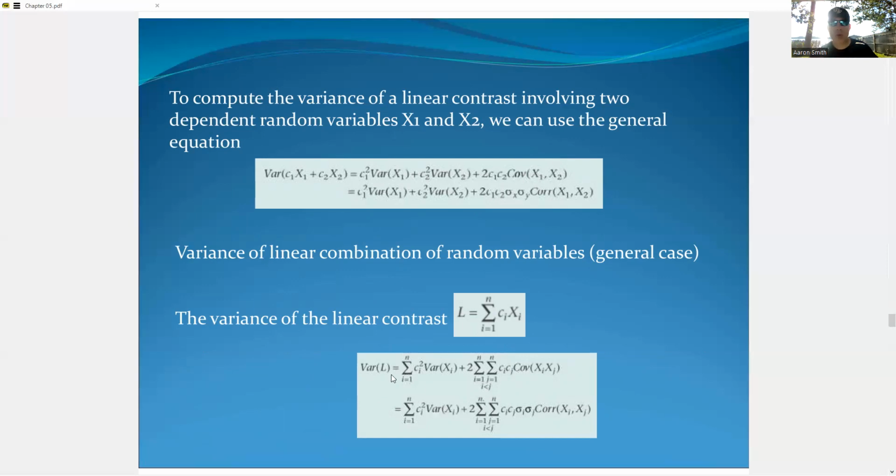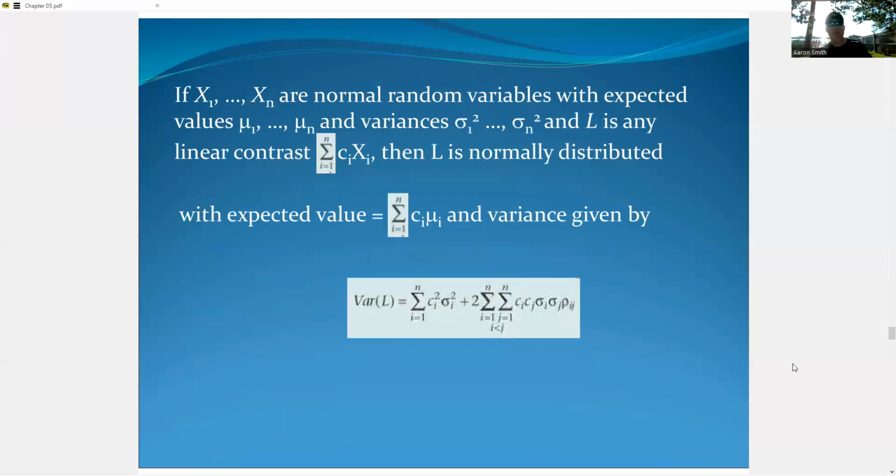And so here is a more general presentation of the variance of a linear combination. And you can see that it's got a lot of summations going on in there. If the X's are all normal random variables with expected values of the mu's and variances of sigma squared, and L is any linear contrast, any linear combination, then L is normally distributed with expected value of the linear combination of the expected values.